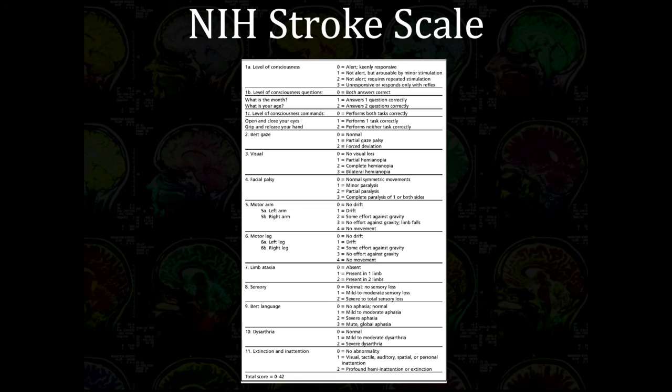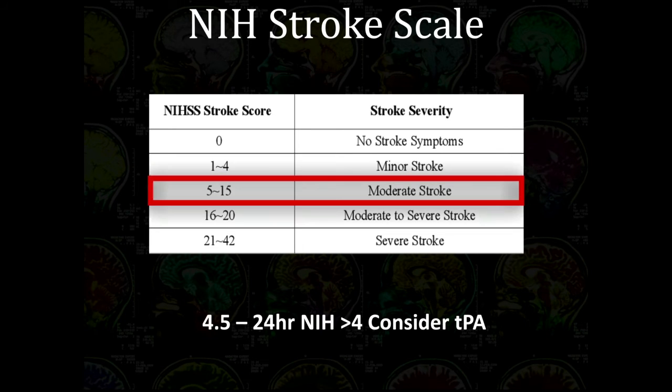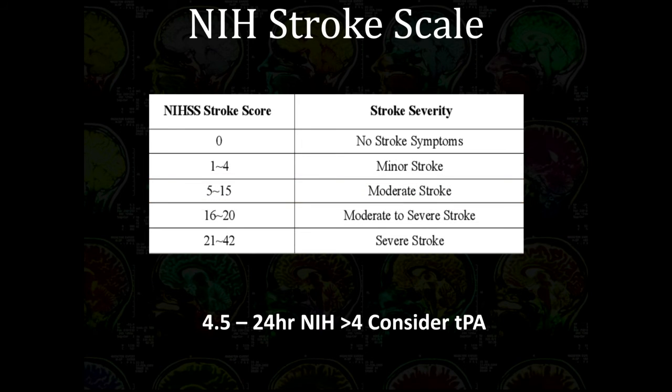So how do we evaluate the NIH Stroke Scale from a treatment standpoint? Really, anytime you have an NIH scale greater than 4 is considered a moderate stroke. These patients, if they're within a window of 4.5 to 24 hours, you can still consider TPA. And so that's why it's always important from a pre-hospital or emergency room standpoint to identify when the patient last was normal.